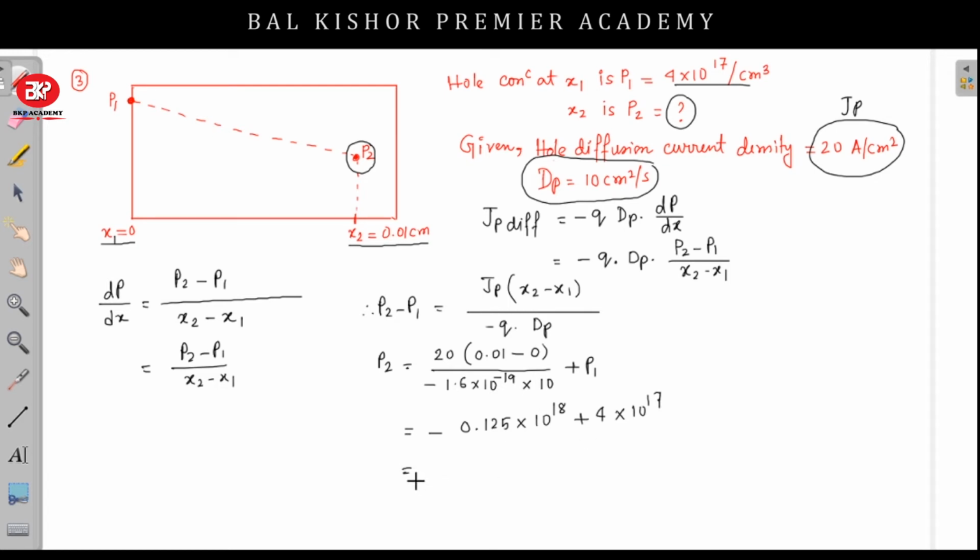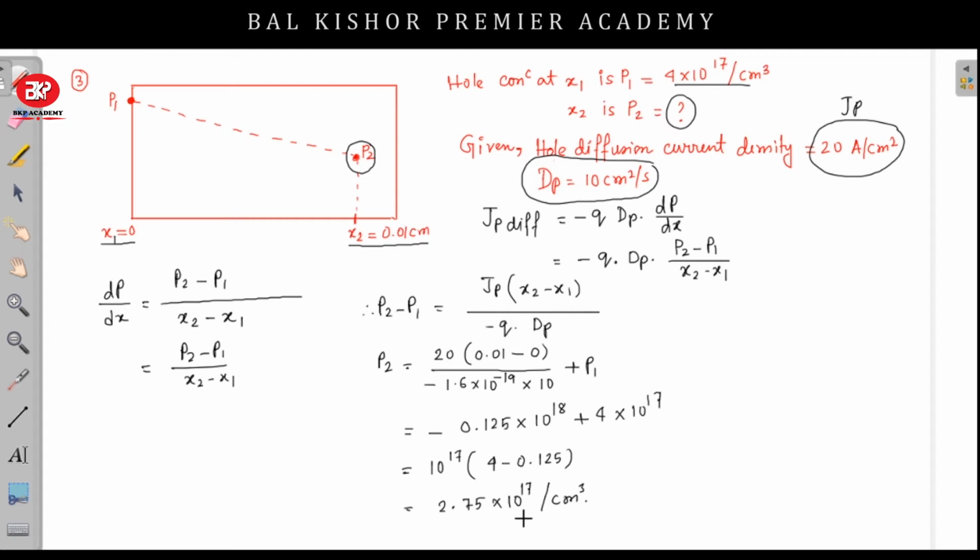After calculating this, if we take 10 to the power 17 common, then we will get it as 4 minus 0.125. So we will get 2.75 into 10 to the power 17, and the P2 value, that is per centimeter cube.